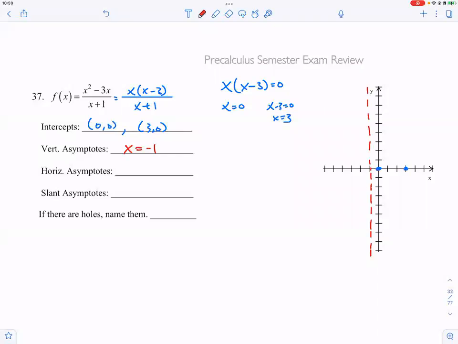Now, we know that's a slant asymptote because the power in the numerator is greater. So we would not have any horizontal asymptote. We did not cancel anything else on the function, so we would not have any holes.